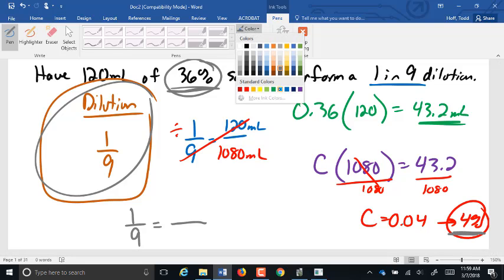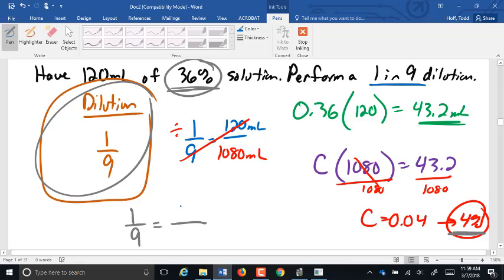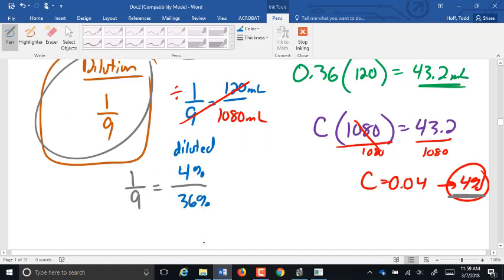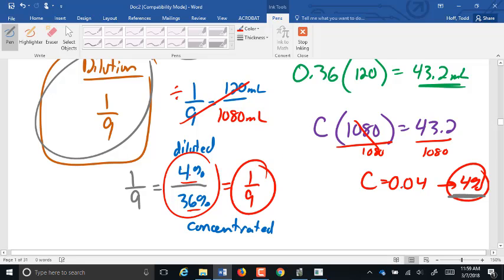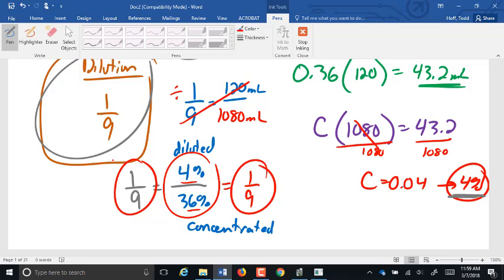We noticed that if we put those into this proportion, if we put the diluted percent on top and the concentrated percent on bottom, that ratio of the after to before, the diluted to the concentrated, is the same as our dilution ratio. That's why when we do a dilution ratio, it is serum to total rather than serum to saline.